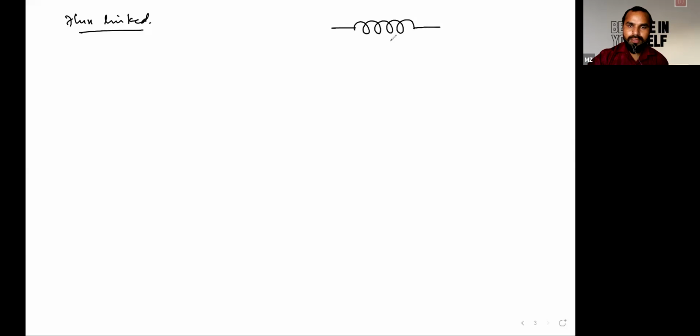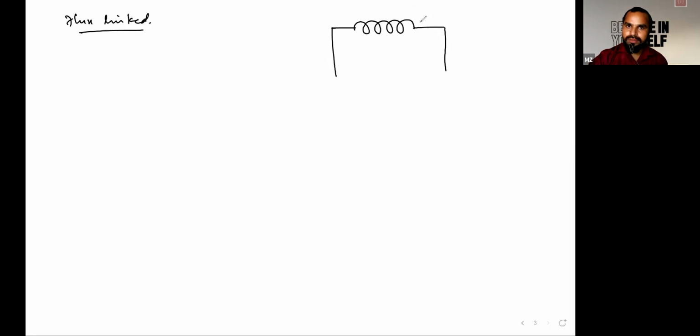So for self-inductance, we have three different terms to learn. First is flux linked. We have a coil, and we pass a variable current in this coil.